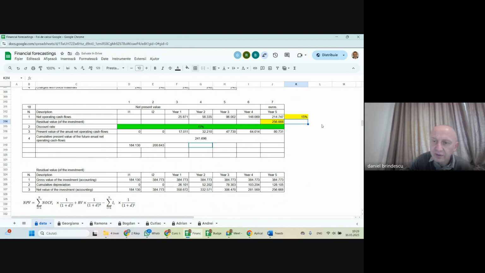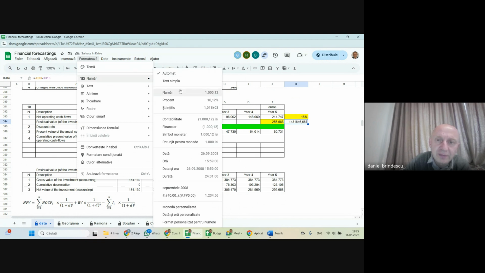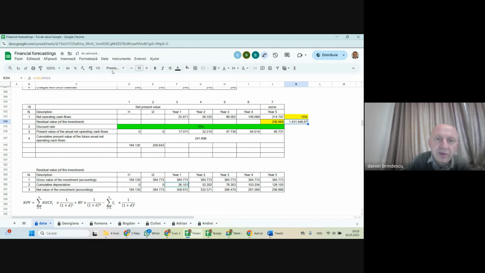So I will leave here the value calculated through capitalization. And for the time being, I'm going to use the value from accounting, the net value, which is, as you can see, smaller and more pessimistic. It does not take into account an increase of value generated through the goodwill, let's say, created within the company.